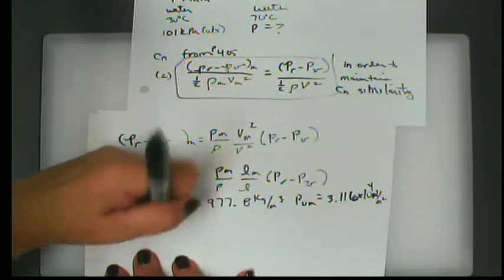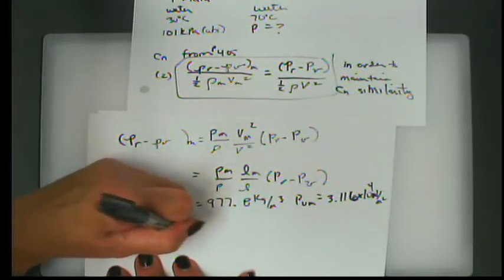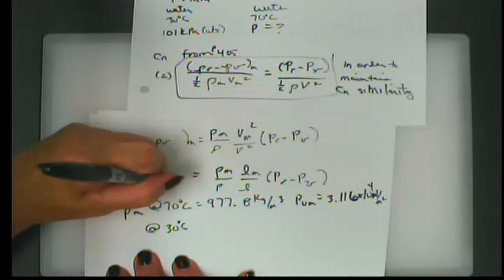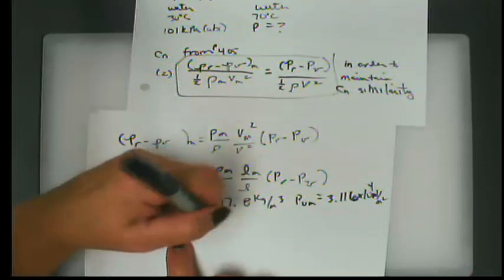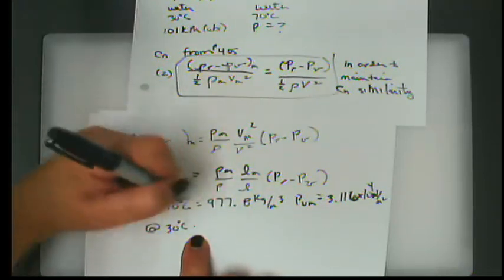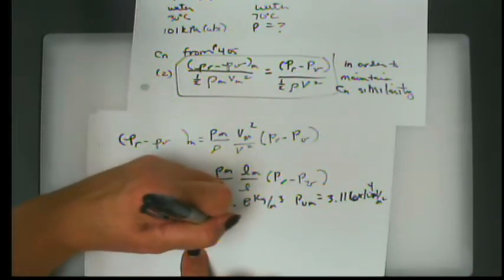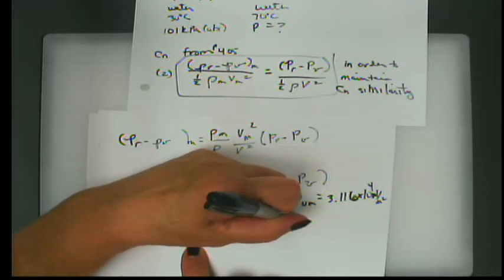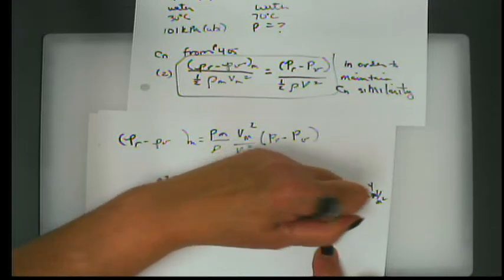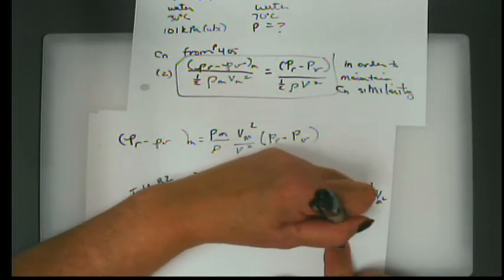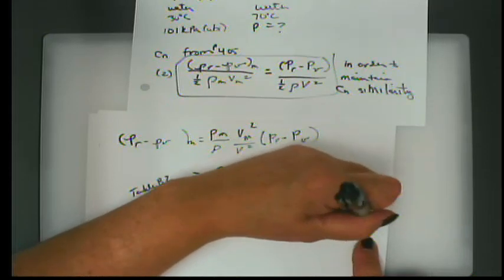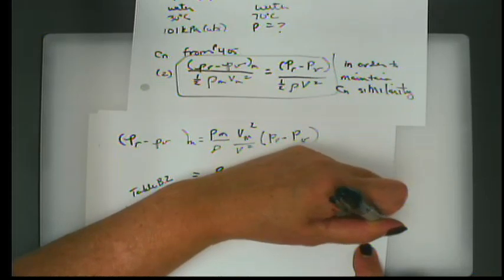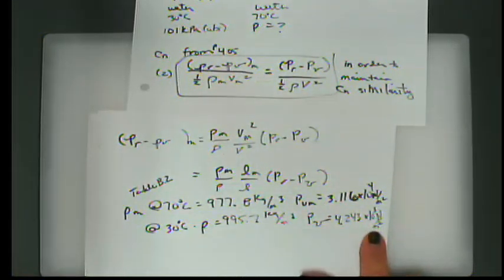At 30 degrees, going to the table, this would be table B2 in your textbook, we find that rho is 995.7 kilograms per meter cubed, and that Pv is 4.243 times 10 to the 3rd Newton per meter squared. Both of these are in absolute units.